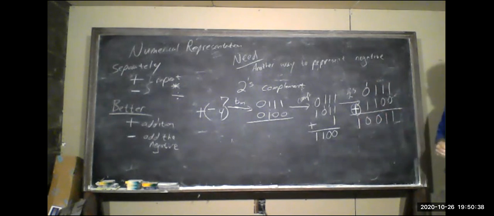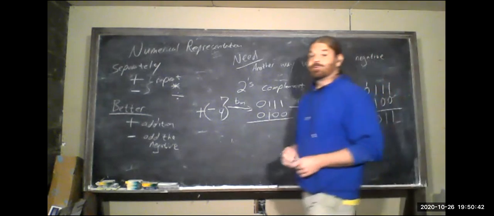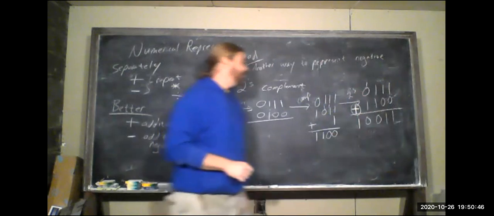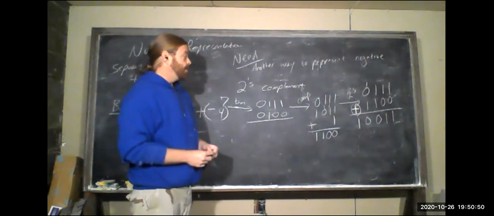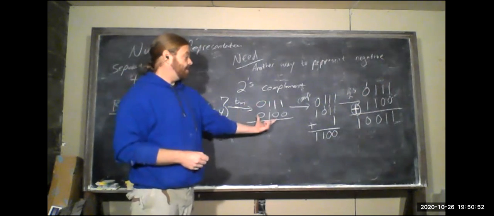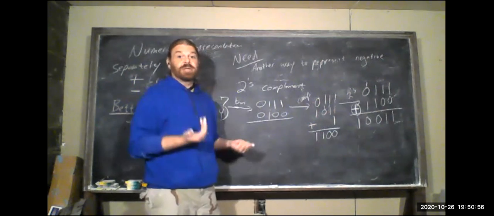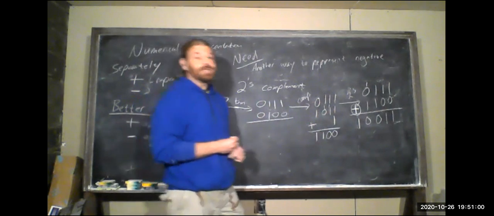And there's this extra 1 over here, which seems like a problem when we're writing it out, right? We started with 4 bits, added them together, and then we ended up with a 5th one. But for this representation, we only have the number of bits we're working with. So for these, we only have 4 bits.